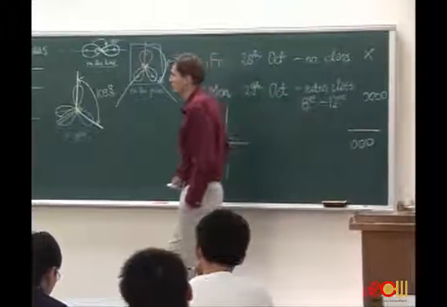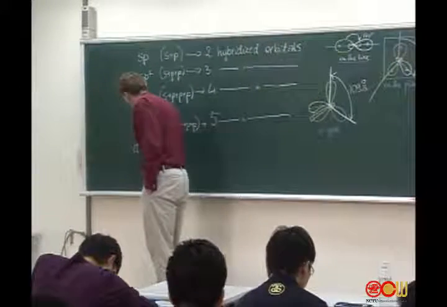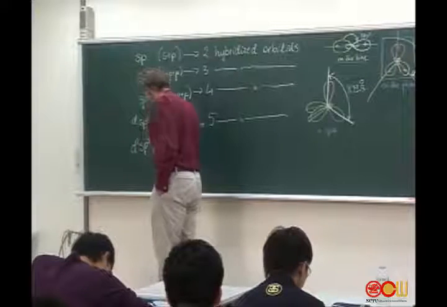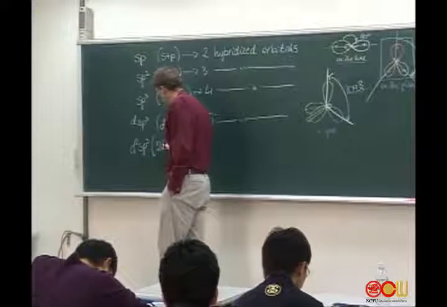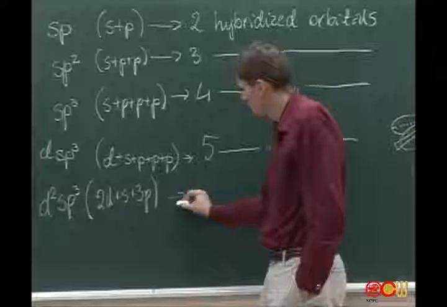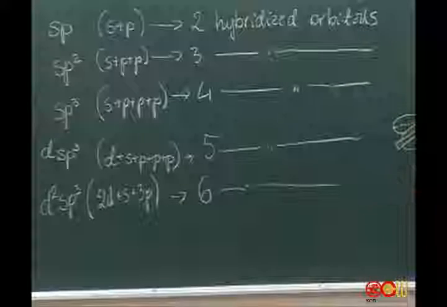Probably the last hybridization that you have to remember is the hybridization d2sp3, which would be 2 d plus s plus 3 p orbitals. And this one gives you 6 of them.